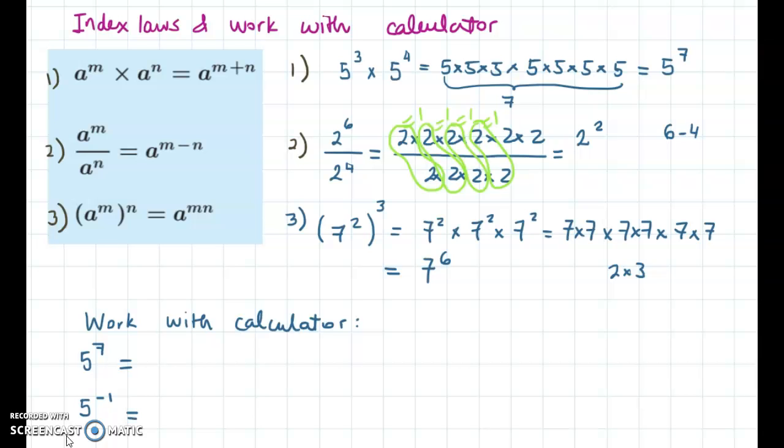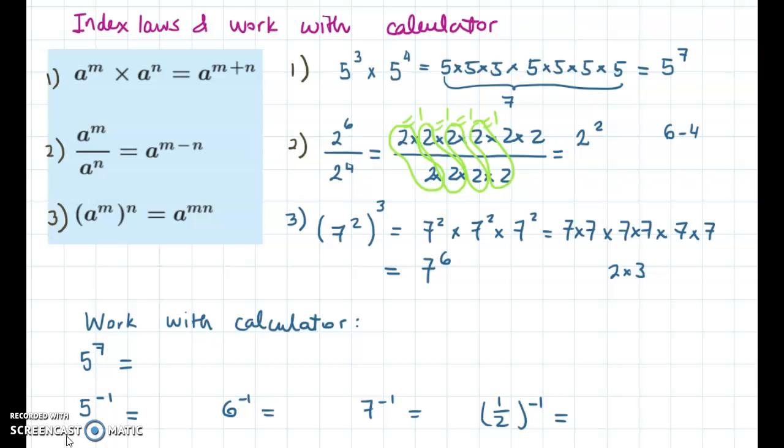That's something new over there. Try also doing 6 to the power of minus 1 and 7 to the power of minus 1 and see if you can guess what's happening over there. Do also half to the power of minus 1.